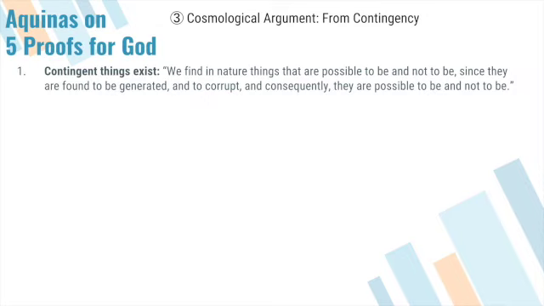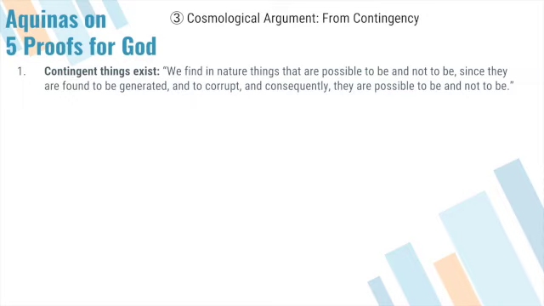Anything that started to exist does not have to exist, right? Anything that starts to exist or stops existing is contingent, because it is logically possible that it does not exist.